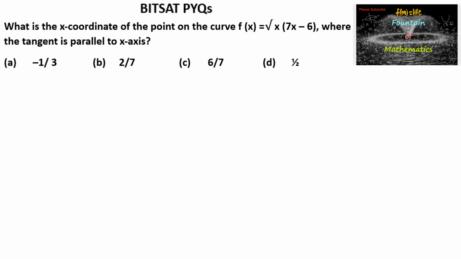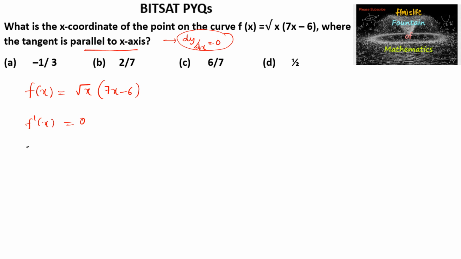What is the x coordinate of the point on the curve f of x is equal to root x into 7x minus 6, where tangent is parallel to x-axis? For any tangent parallel to x-axis, we can consider dy by dx is equal to 0. So f dash of x is equal to 0 in this case.